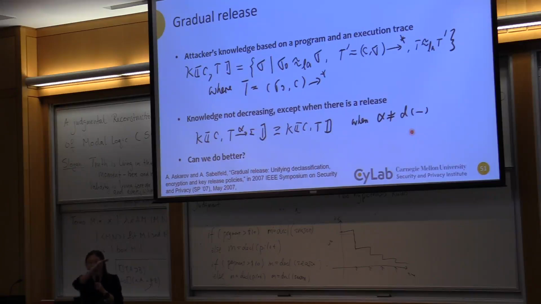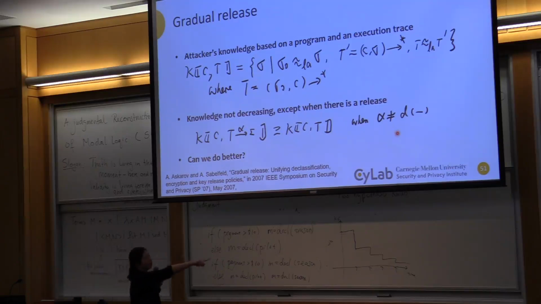If it's not declassification, I should maintain a straight line. If it's declassification, I'm allowed to drop. So that gives me this step graph that's representing what gradual release means in a graph. Any questions about this?